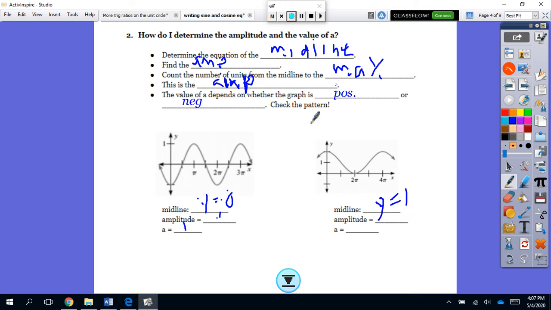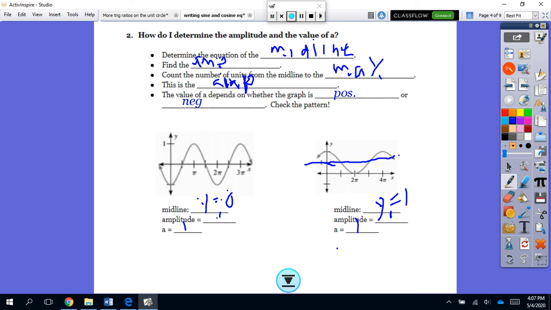Well, what is the amplitude then? If that's the midline, the amplitude is the distance from the midline to the maximum, which is 1 unit. So amplitude is 1. And this is a positive function, so A is again 1.